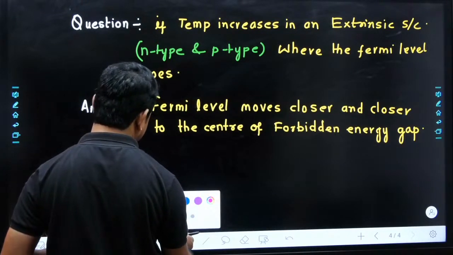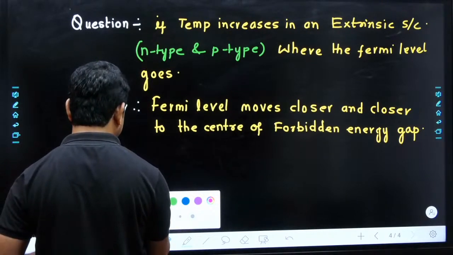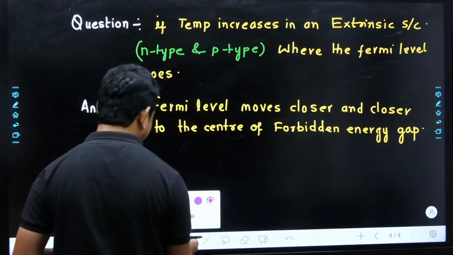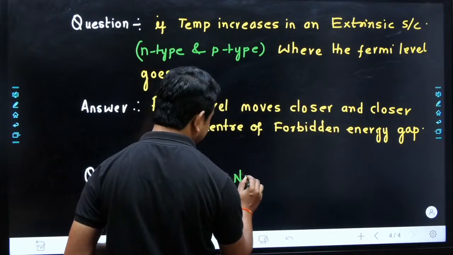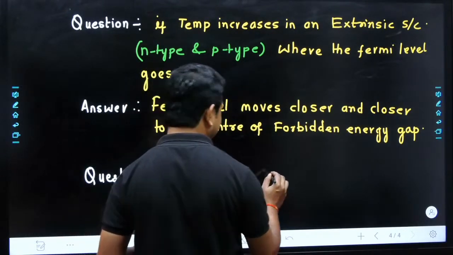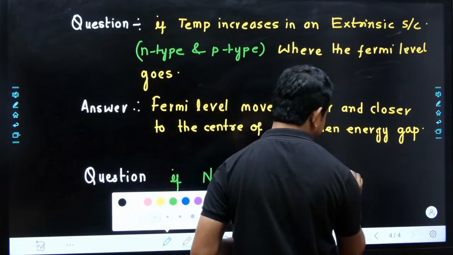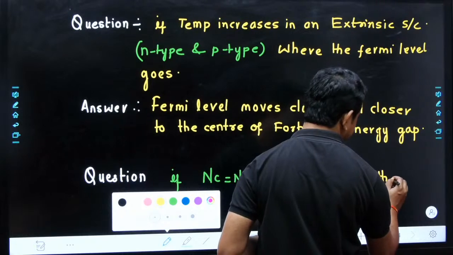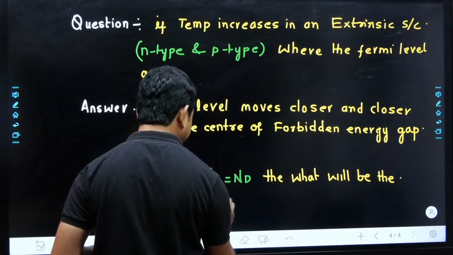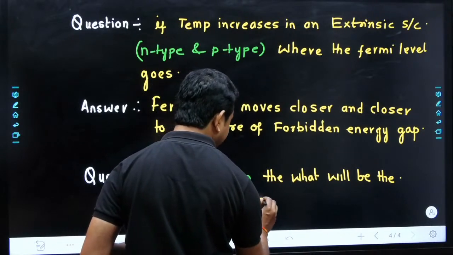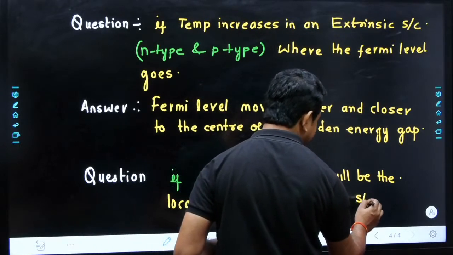If I ask you another question, what is that question? The question is like this: if we write that NC is equal to ND, then what will be the location of EFN in an n-type semiconductor?